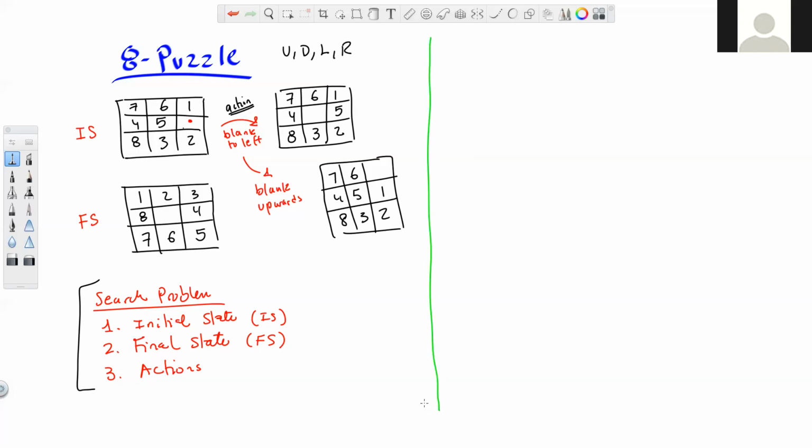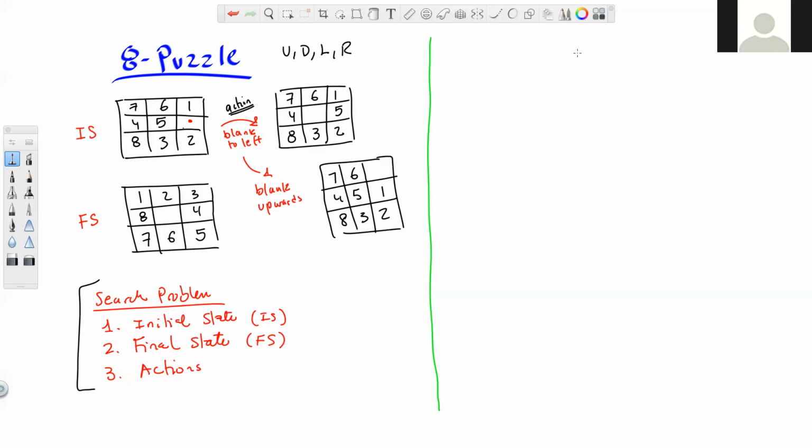Now, the search process that is conducted by the search engine basically amounts to building what we call a search tree. So let's take a look at this. It looks pretty simple now, but actually it gets pretty sophisticated and interesting.